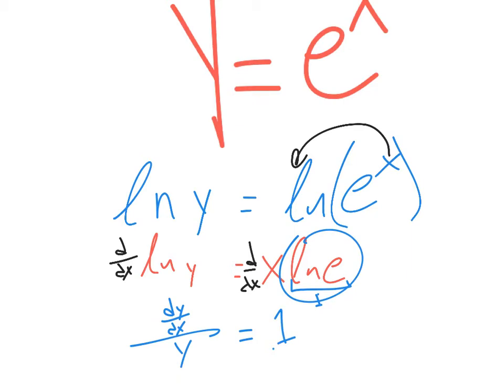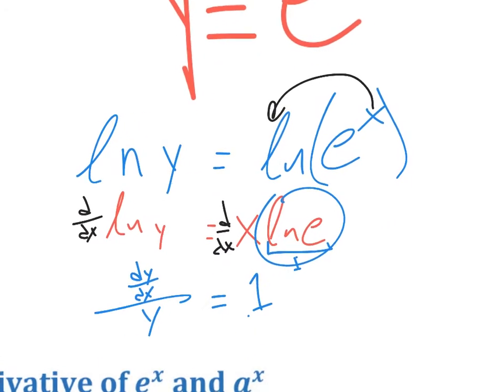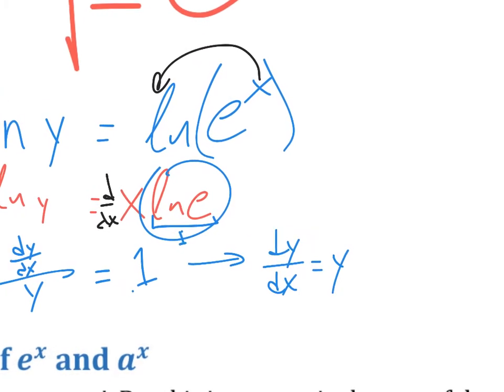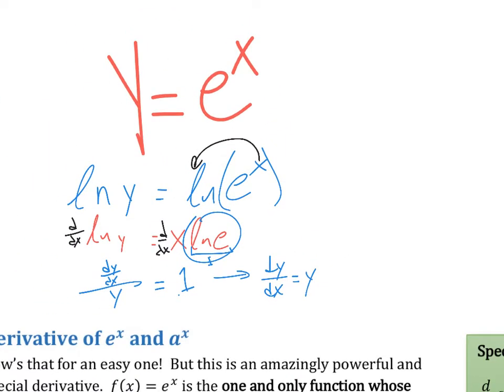So if we multiply both sides by y, we end up with this amazing result that the derivative of y with respect to x is y. Well, what does that mean? What was y? y was e to the x.